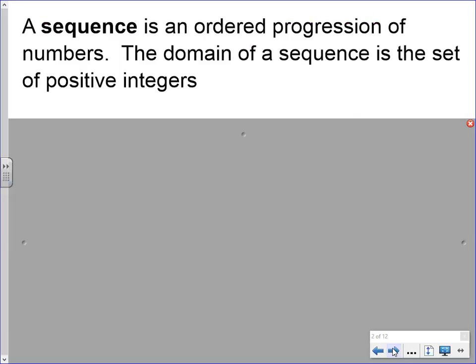All right, so a sequence is an ordered progression of numbers, numbers that have a pattern. And then we say that the domain of the sequence is the set of positive numbers. Oh, positive integers, excuse me.